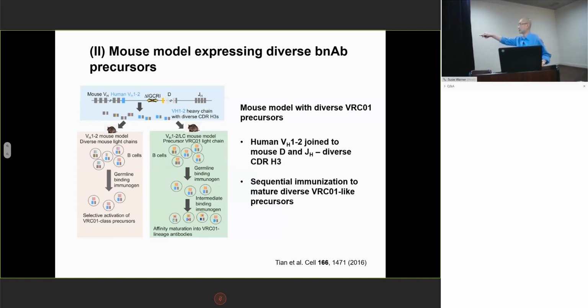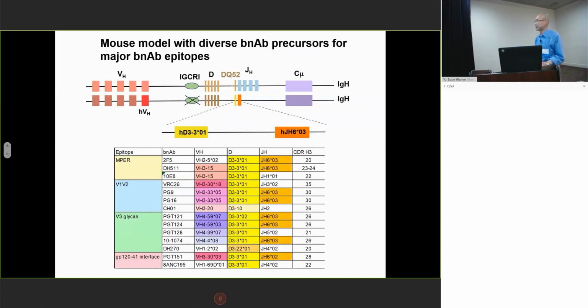We previously used this mouse model to generate diverse precursors of VRC01 bnAb, and we used that to test a sequential immunization scheme to see whether they can mature these diverse VRC01-like precursors into neutralizing antibodies. So we're now expanding this approach to generate diverse bnAb precursors for major bnAb epitopes.